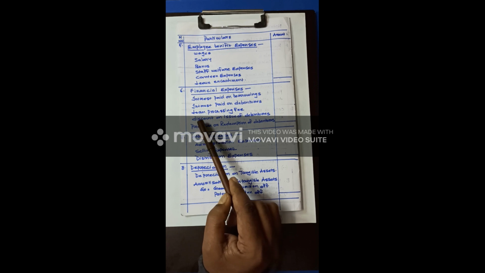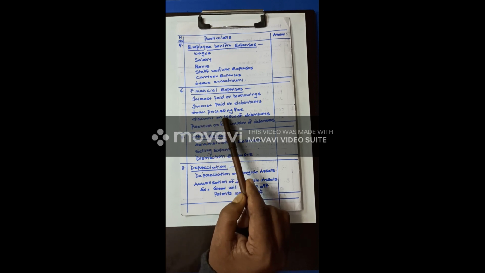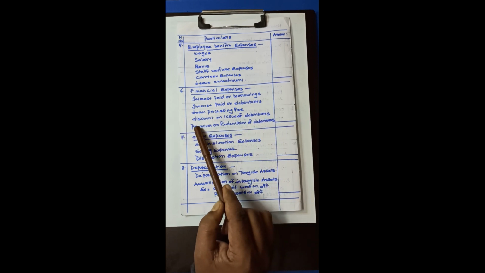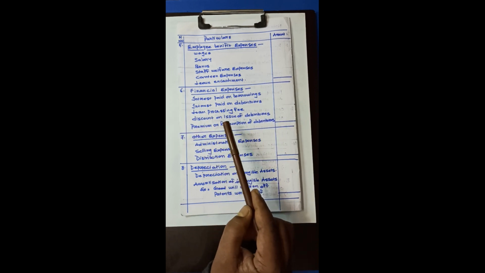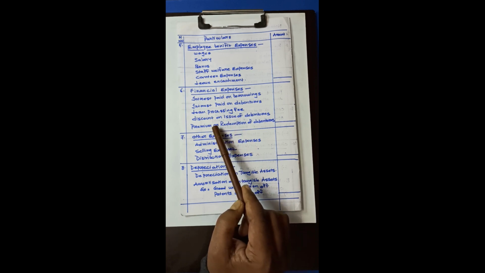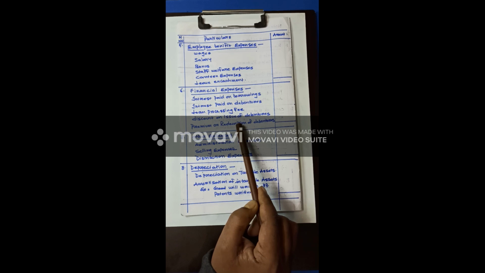And next we have any discounts that are given on the issue of debentures, and any premium on redemption of debentures. Both these concepts we will be learning in detail in a chapter called issue and redemption of debentures.